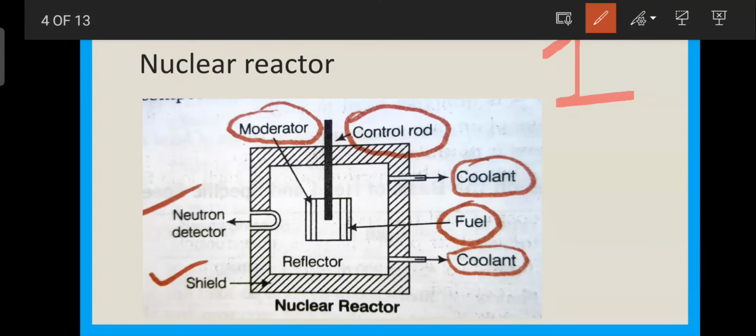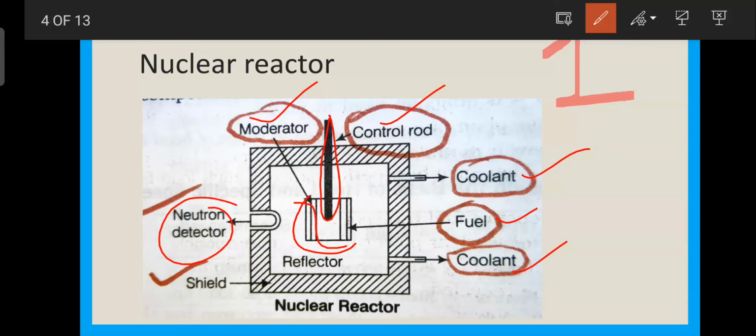Here the black one is our control rod, the cylinders are our moderator, and this is the coolant, this is the fuel, this is the nuclear detector, and this is our shield.